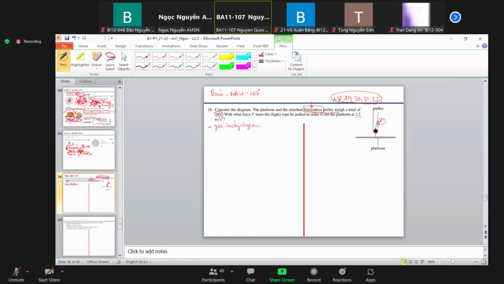We have the gravitational force. Can you repeat? It's quite difficult for me to hear your voice. We have the pulley weight, like a gravitational force exerted on the platform downward. You call it P? Yes.